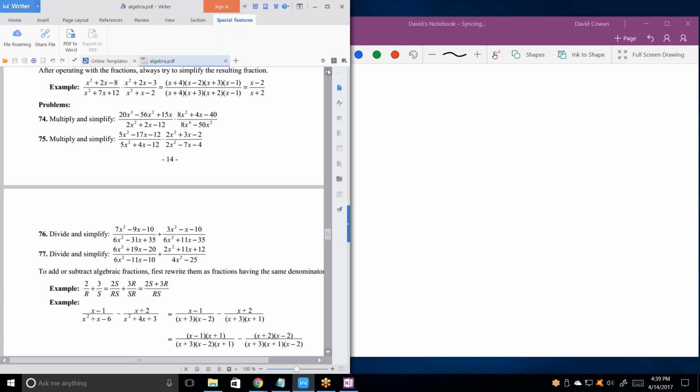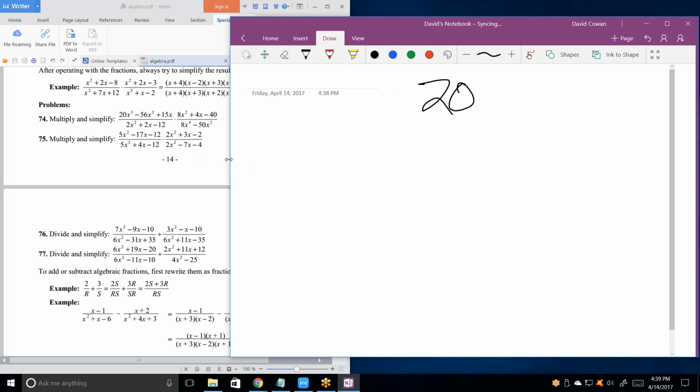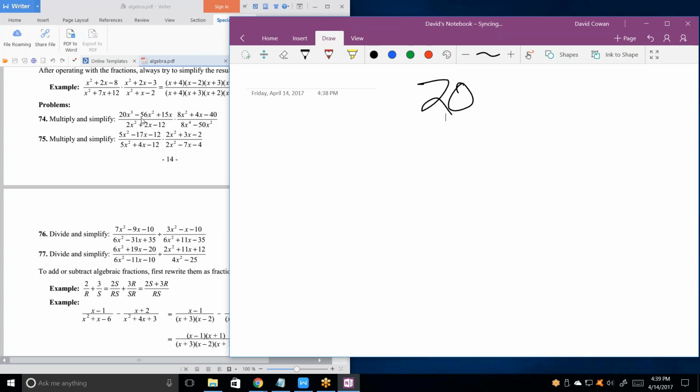In other words, we've got a very complicated numerator and denominator. They're both quadratics. Actually, the numerator is a cubic. So if we can't factor it, then we got nowhere to go on it. So we better be able to factor it.